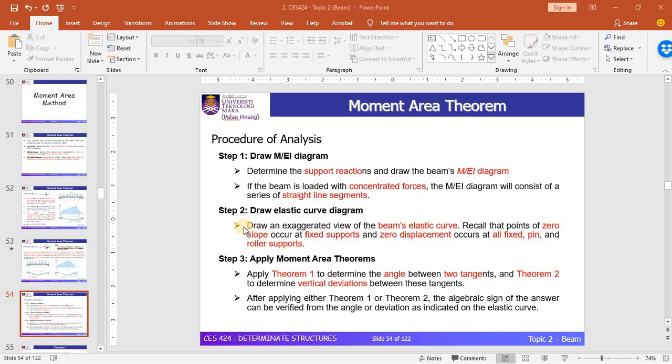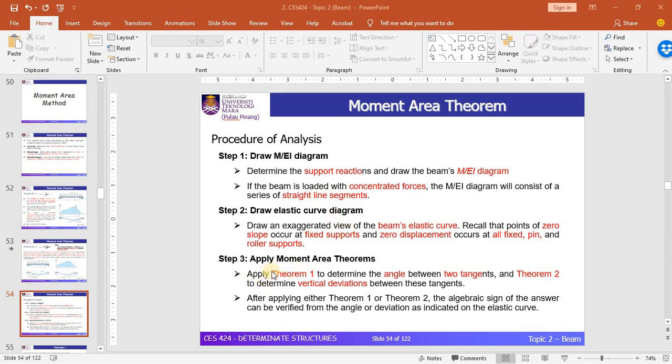The second step is to draw the elastic curve diagram. This elastic curve diagram refers to the deflected shape of the beam, or the deformation shape of a beam due to the applied load. So you need to have a sense of how to draw the deformation or deflection shape of a beam. It is very important in this method.